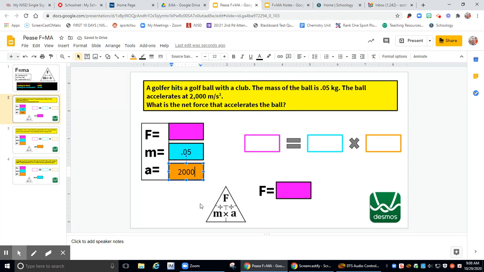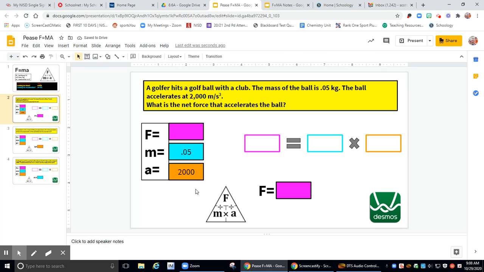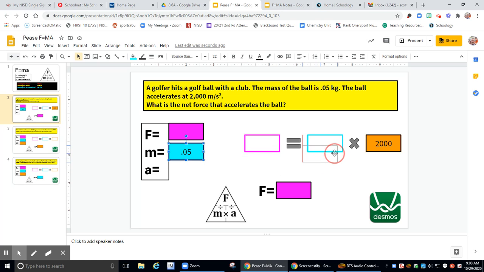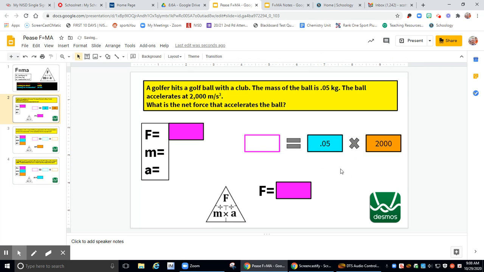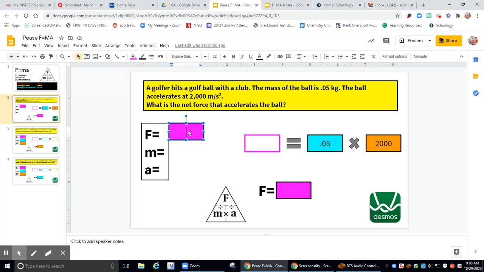Okay. So in order to calculate it, we can take this number and drag it over here because that's the acceleration. Okay. We can take the mass and put it over here, the same color box. And then if we do this calculation, 2,000 times 0.05, what we get is 100 newtons.